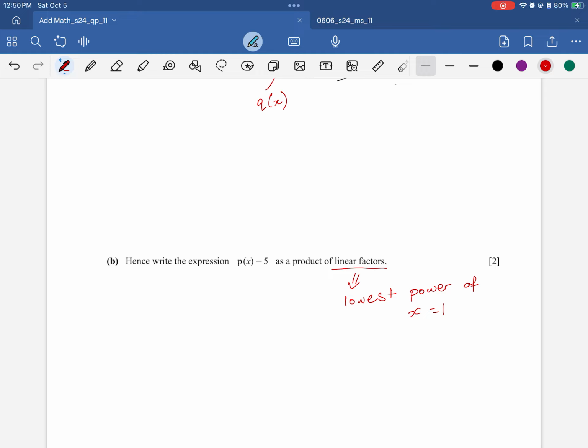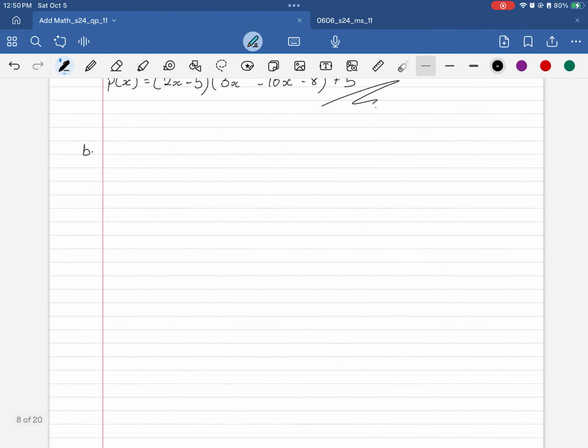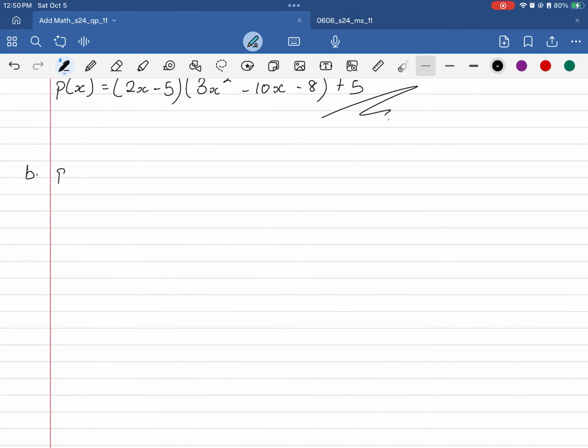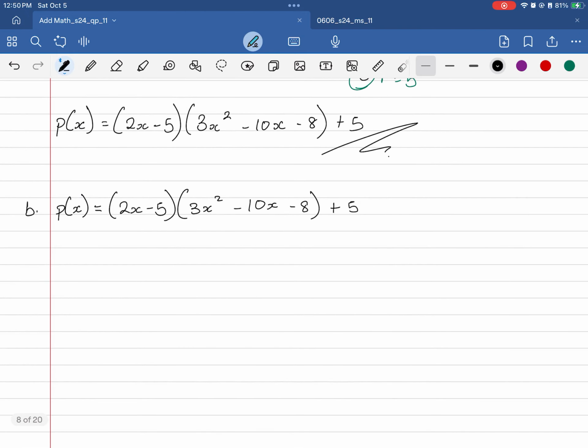So what we're going to do, we're going to rewrite the p of x that we just got. We got 2x minus 5, 3x squared minus 10x minus 8 plus 5. Now they want us to rewrite this expression.